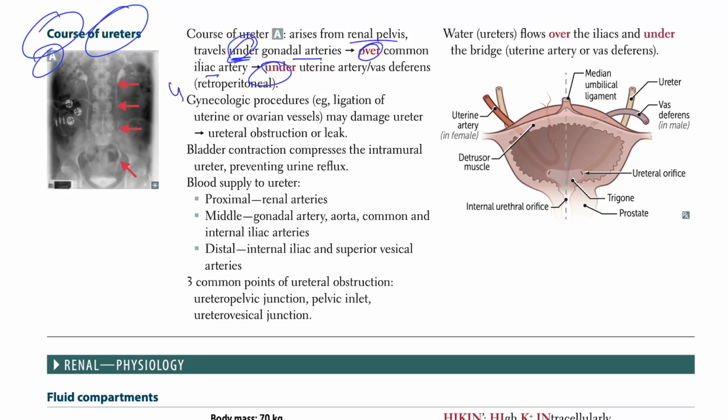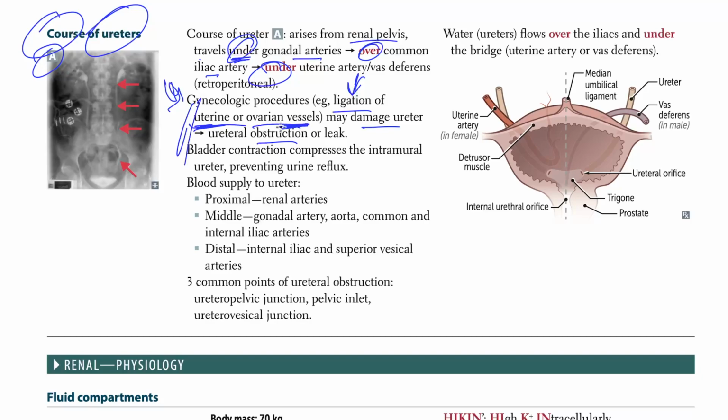So gynecological procedures, for example, ligation of uterine or ovarian vessel may damage ureter, leads to ureteral obstruction. So if you have any gynecological procedure and incompetent gynecologist, they might ligate, abnormal ligation of these uterine vessels, and uterine vessel has a close proximity with the ureters.